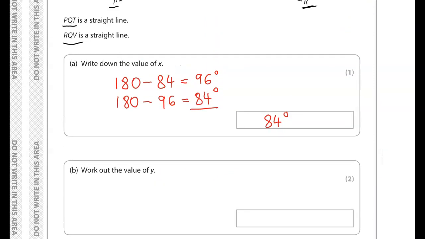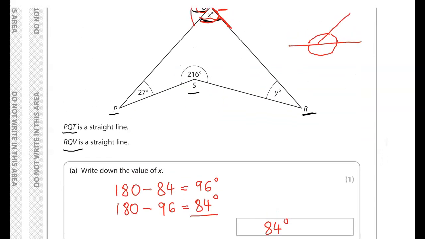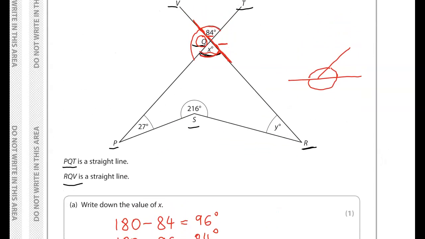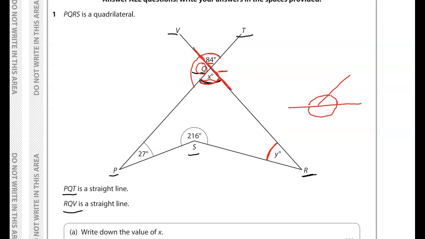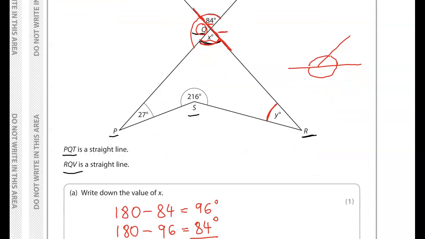Work out the value for y. Which is this angle here. Now we were told earlier that PQRS is a quadrilateral. So it has four sides, just like a square or rectangle, which might be shapes that you're a bit more familiar with. Now, all the angles inside a quadrilateral equal 360 degrees.